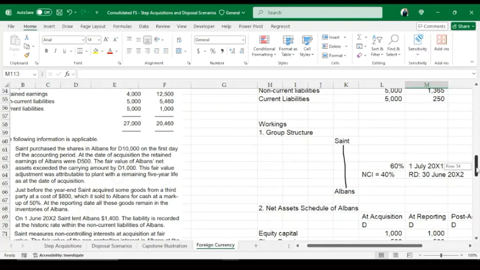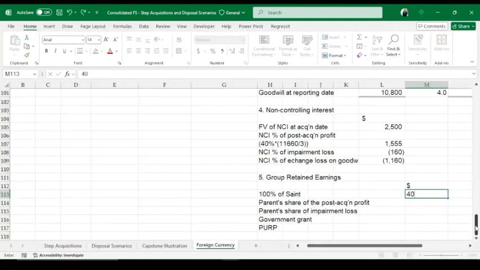So quickly we can insert that. We have $4,000. The parent's share of the post-acquisition profit is going to be 0.6 multiplied by 11,660 divided by 3.